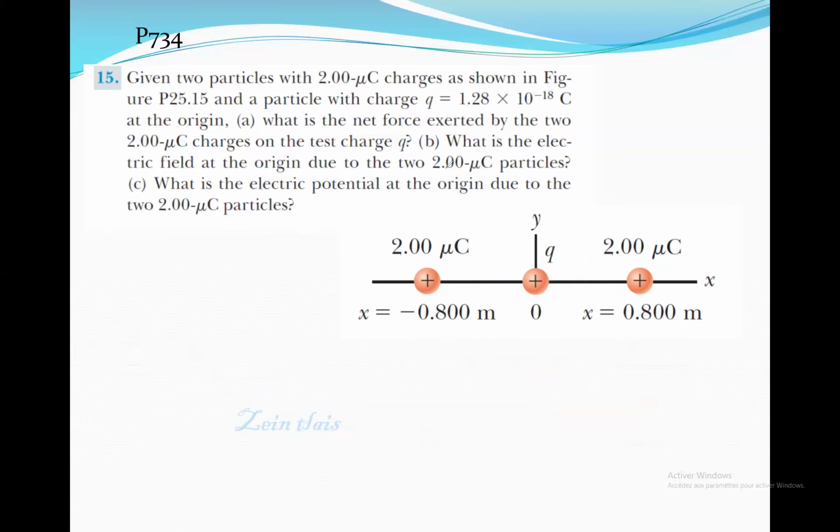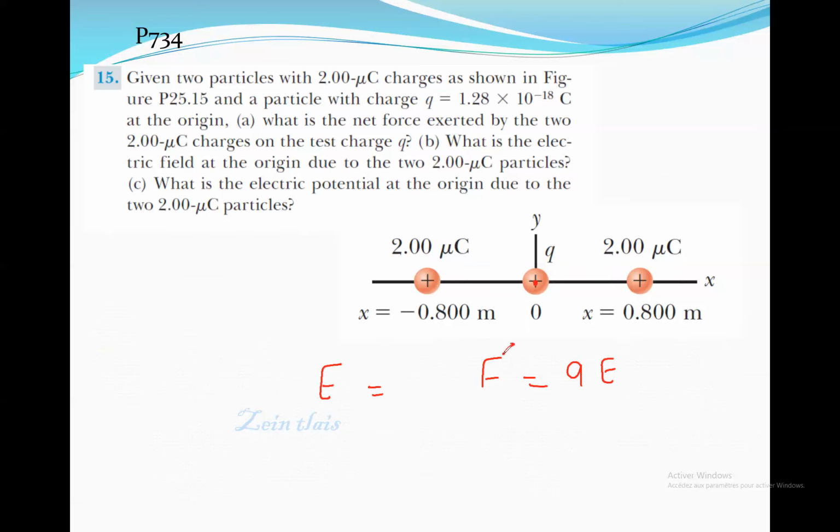Part B: what is the electric field at the origin due to the two charges? I have to find E at point C. E at point C equals E created by A plus E created by B. But in general, F equals Q times E. I calculated F at the origin equals 0.